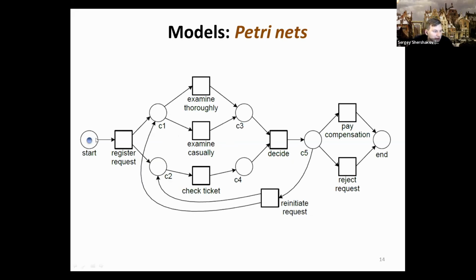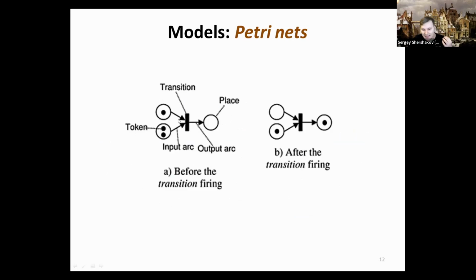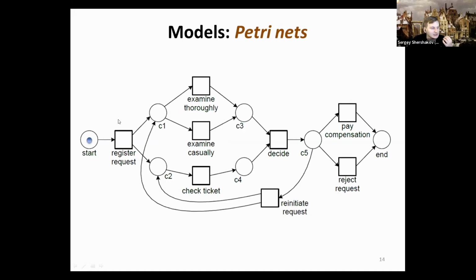The circles are called places, and the rectangles are called transitions. Places, according to their names, are something to store what is called resources. As in the case with chemical reactions, resources here are represented using these black dots, which are normally called tokens.